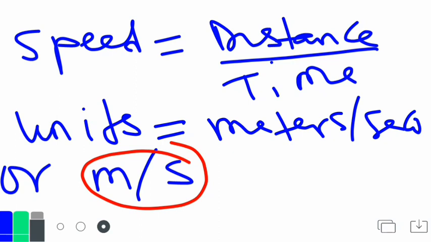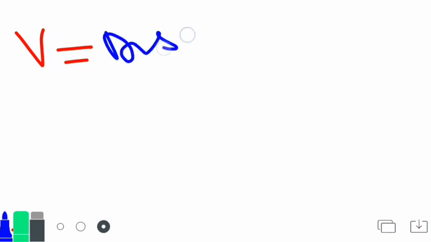Okay. And then velocity, the way you can find velocity is the same way we find speed. So the formula for speed is the same as that for velocity. So in that case, we are saying that velocity is just displacement over time. Okay.